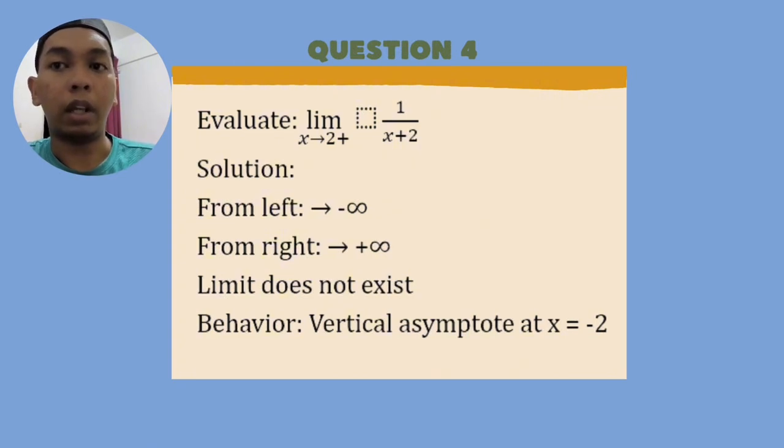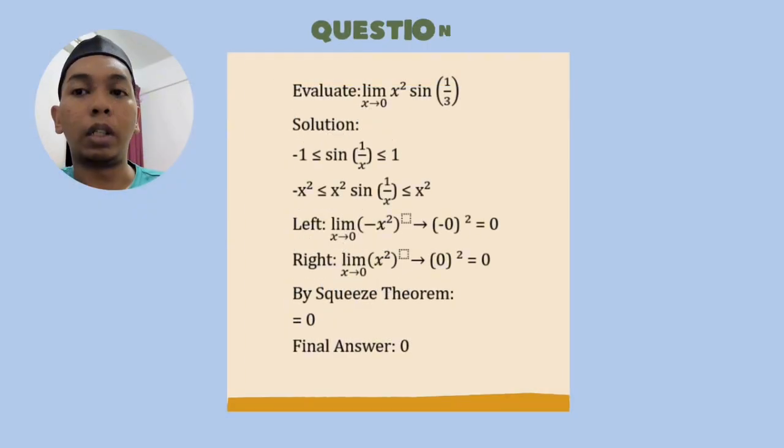From the left hand side, as x approaches negative 2, the denominator is slightly negative, so the fraction tends toward negative infinity. From the right hand side, the denominator is slightly positive, so the fraction tends toward positive infinity. Since the left hand and right hand limits are not equal, we conclude that the overall limit does not exist.